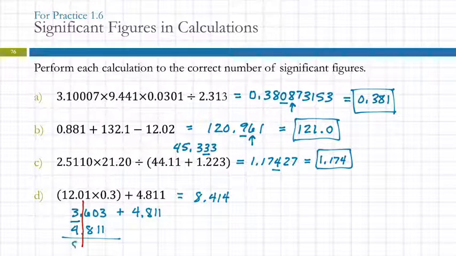And then when I write in my answer down here, 8.414, it tells me I'm going to stop at the 8 because there's uncertainty in the 3. And so when I add that to 4, there's uncertainty in the result. So this number, I know it's disturbing to some people, that's just 8.